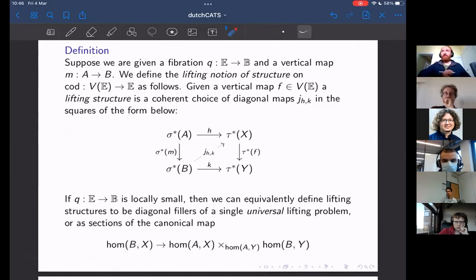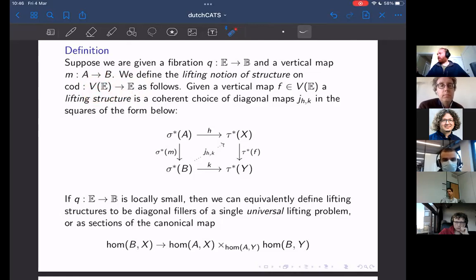Related to algebraic refactorization systems, we can also define a kind of notion of structure called lifting notion of structure. This is again defined over the codomain fibration, on vertical maps.